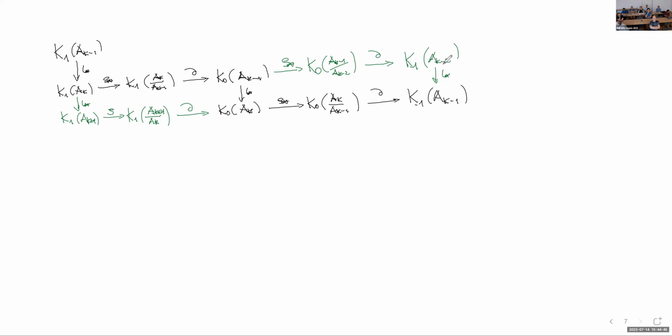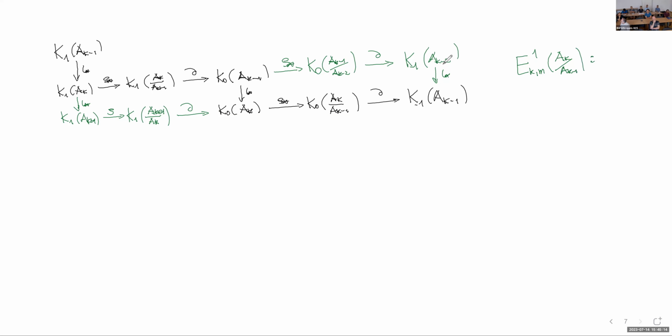And our first differential, E1. So did I have Kn? Let me try to remember where I am, on which position.